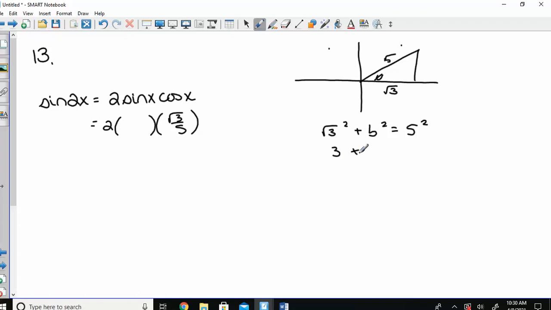So we get 3 squared plus b squared equals 25. So b squared equals 16... so b squared equals 22. Square root, plus and minus, but it's positive, and 22 does not break down. So it's just the square root of 22.